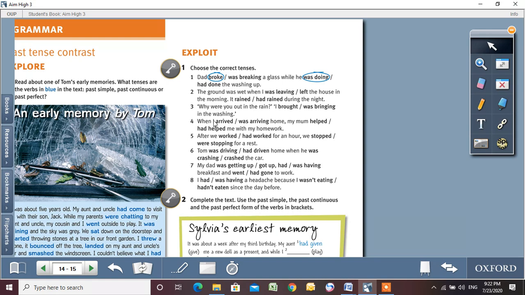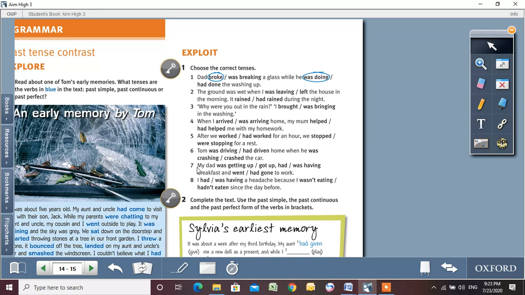Number 4. When I arrived, my mom helped me with my homework. Number 5. After we had worked for an hour, we stopped for a rest. Number 6. Tom was driving home when he crashed the car.